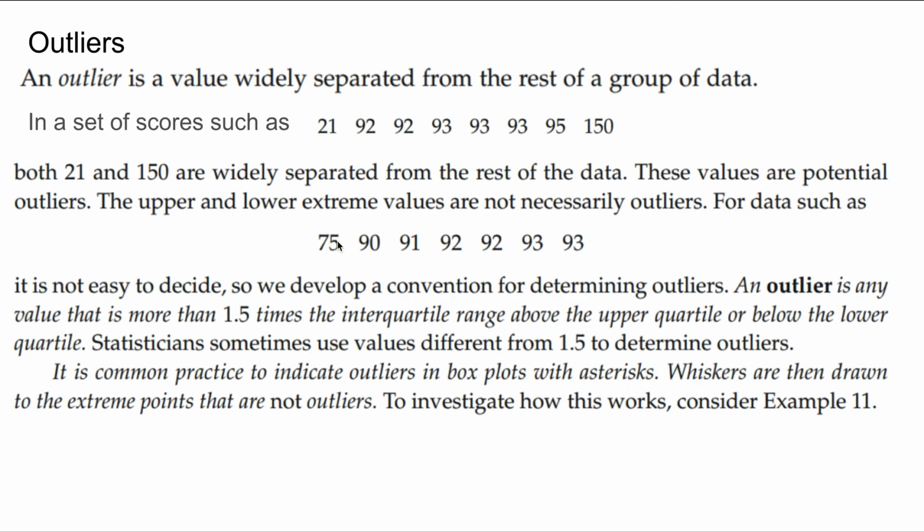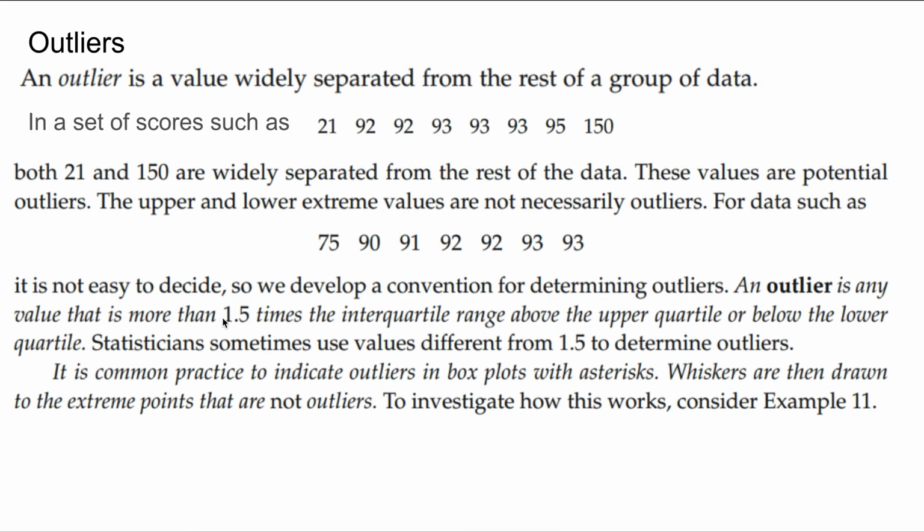decide the outlier? Outlier is any value that is more than 1.5 times the interquartile range IQR, Q3 minus Q1, above the upper quartile or below the lower quartile. Statisticians sometimes use values different from 1.5 to determine outliers, but here we're just gonna use 1.5.